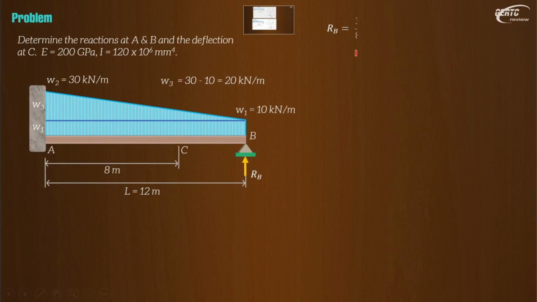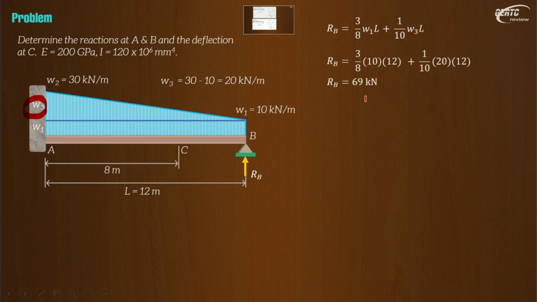So 3/8 W1 times L, L is 12, and then 1/10 W3 times L. Substituting the values, our W1 is 10, L is 12, and then our W3 is 20. This gives us 69 kilonewtons. We have now our reaction at B.